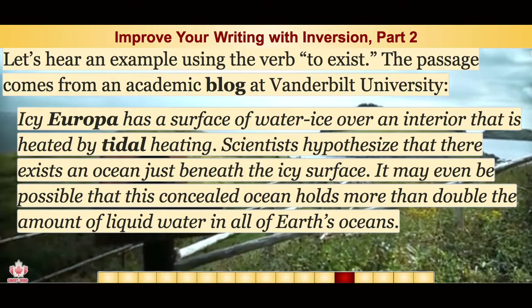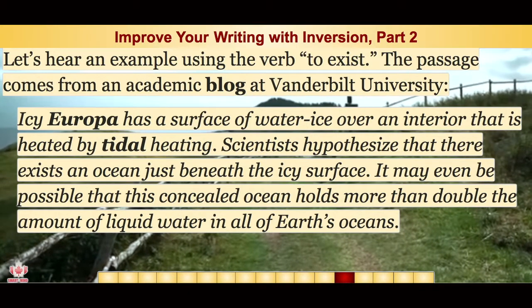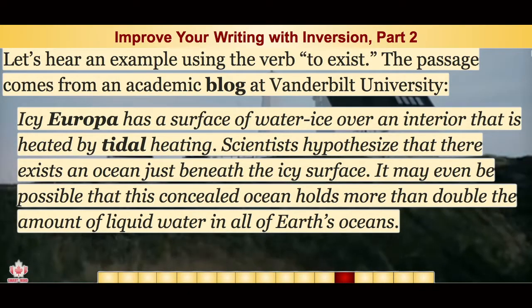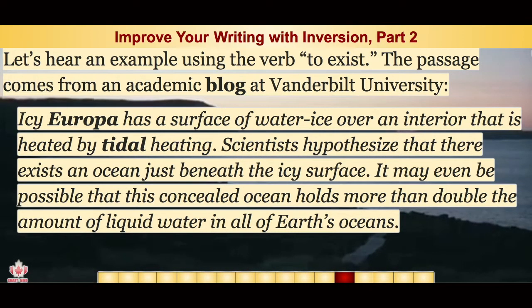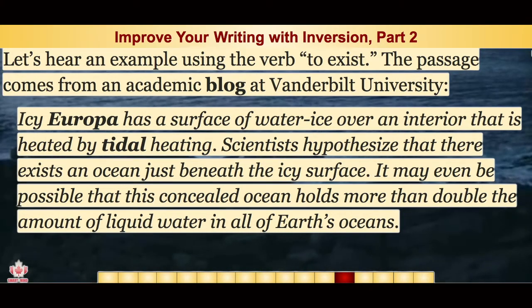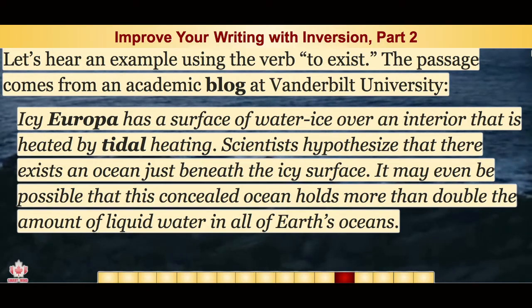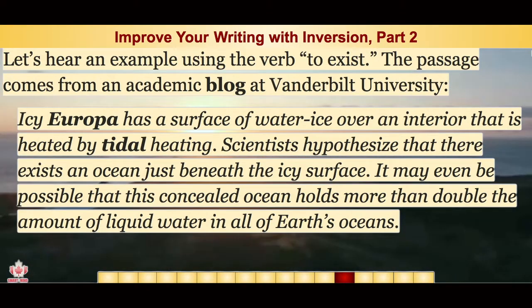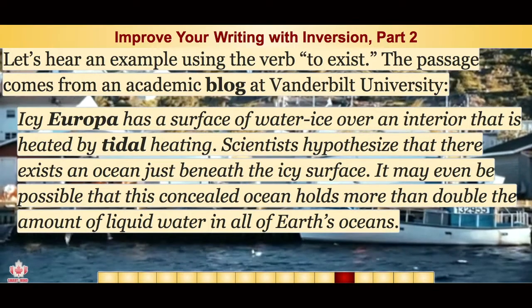Let's hear an example using the verb to exist. The passage comes from an academic blog at Vanderbilt University. I see Europa as a surface of water ice over an interior that is heated by tidal heating.